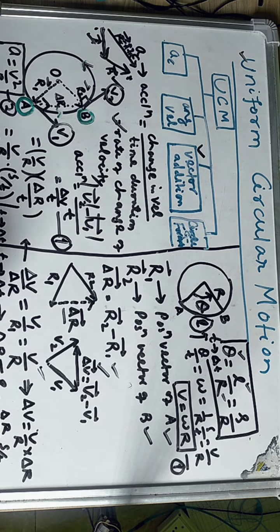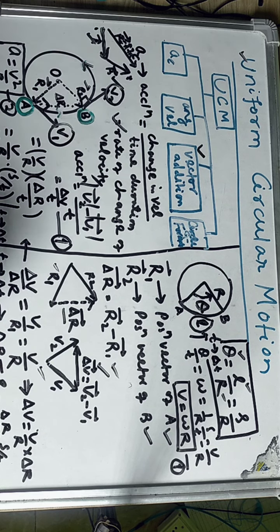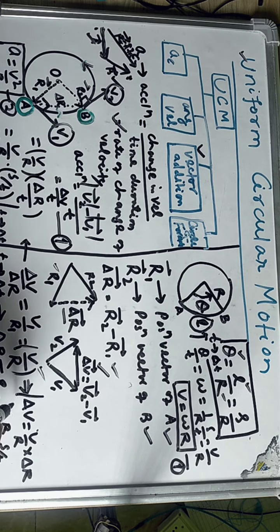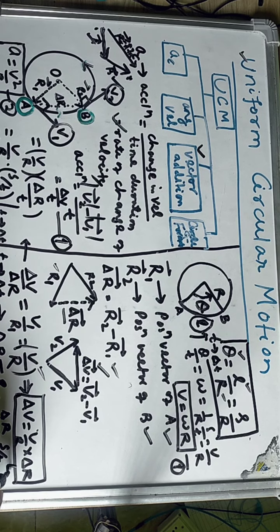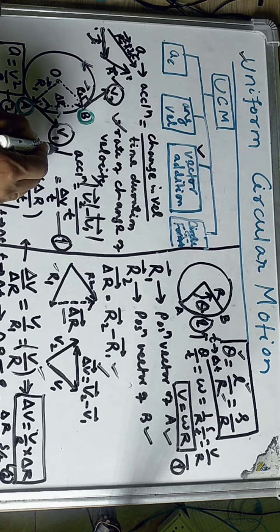Everywhere the magnitude of radius r1, r2 is the radius of the circle r, and the magnitude of velocity at every position v1, v2 and so on is v. Now delta v by delta r became v by r, hence delta v became v by r times delta r. Let this be equation 2. Now again let's find out the value of acceleration. We find v by r times delta r by t.